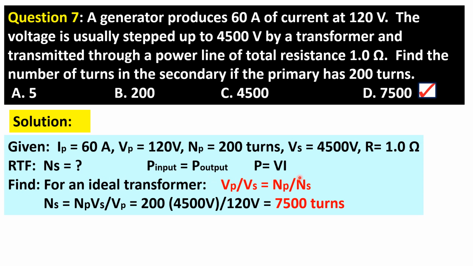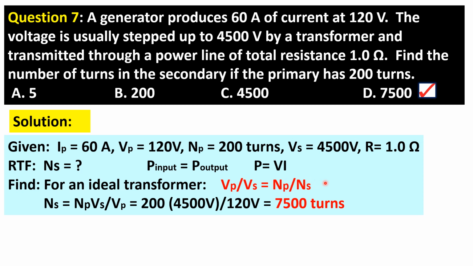That's why we are able to come up with an equation that relates the voltage in the primary and the voltage in the secondary coil, in terms of the number of turns in the primary as well as in the secondary coil. And this is the formula: Vp over Vs is equal to Np over Ns.